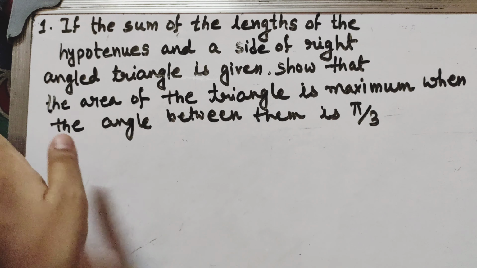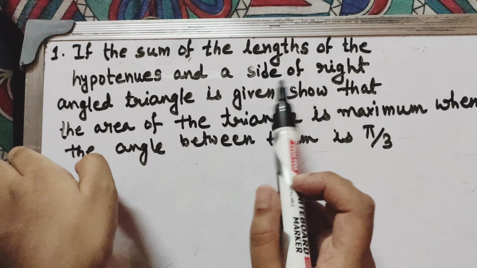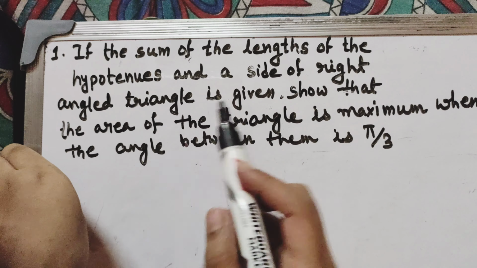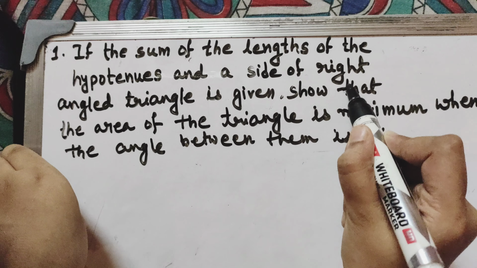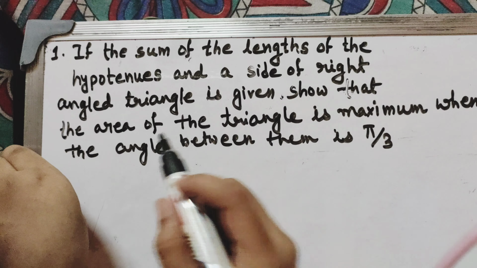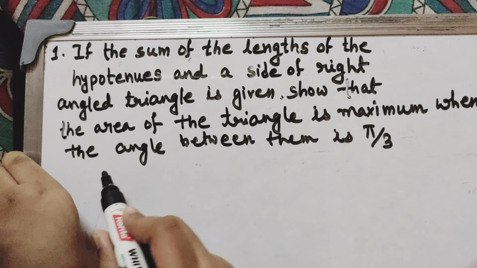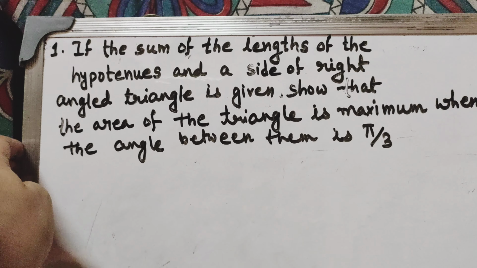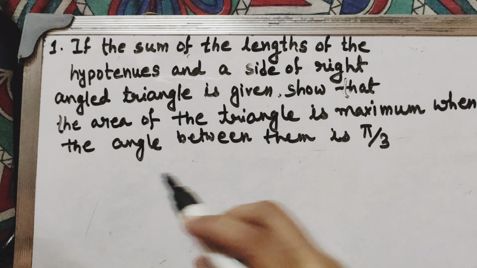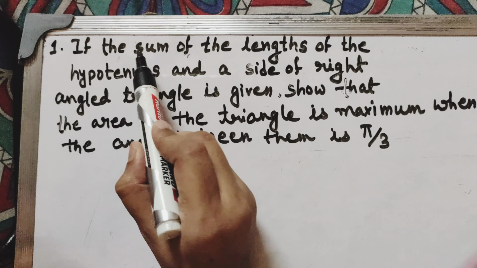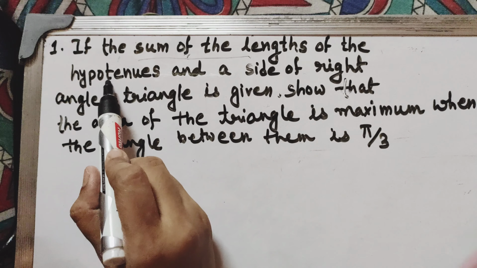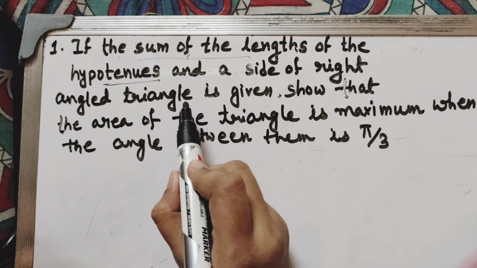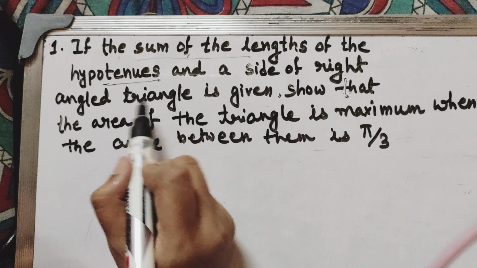Our first problem is: if the sum of the lengths of the hypotenuse and a side of a right angle triangle is given, then the area of the triangle is maximum when the angle between them is pi by 3. So what is the given condition here? Our given condition is the sum of the lengths of the hypotenuse and a side of the right angle triangle.